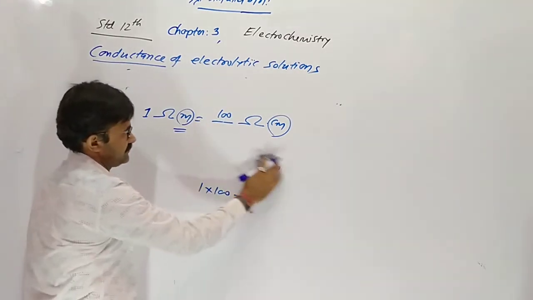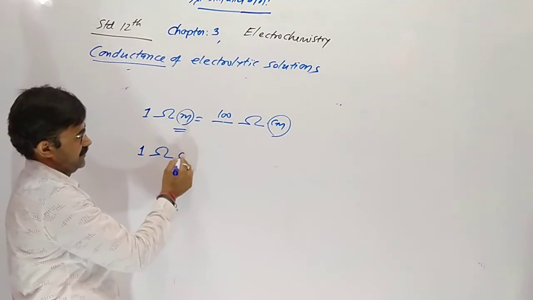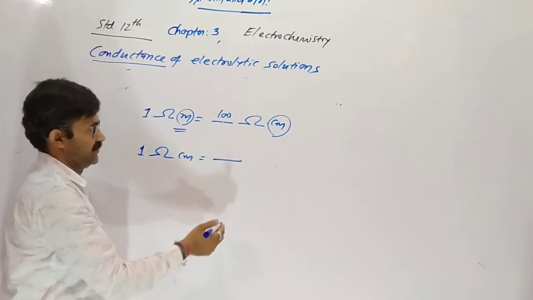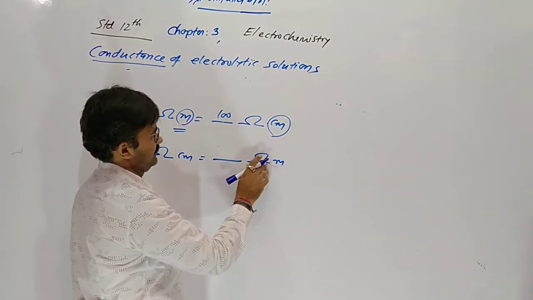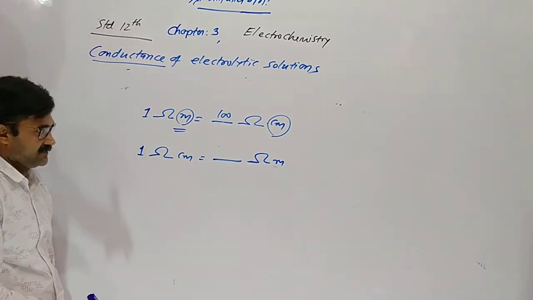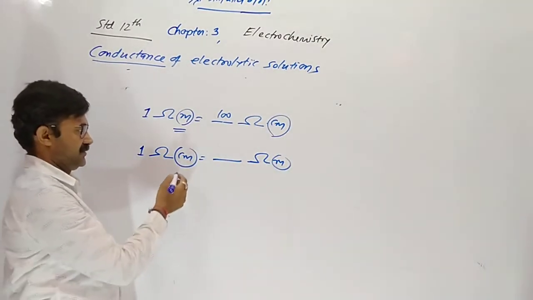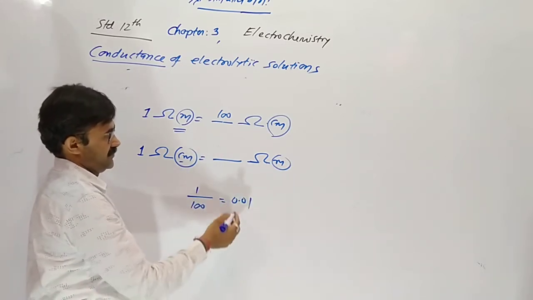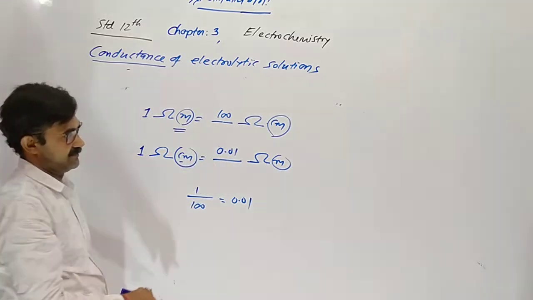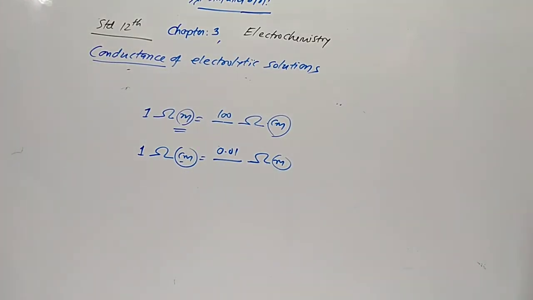Understood? Now inverse. Suppose 1 ohm into centimeter is equal to how much ohm into meter? Here we have to convert centimeter into meter, so we divide by 100. So 0.01 ohm into meter. Understood?